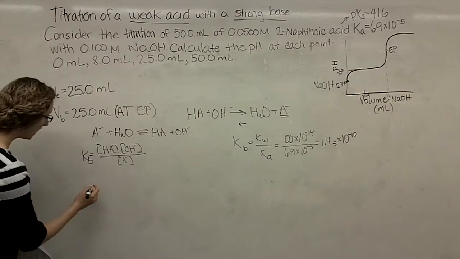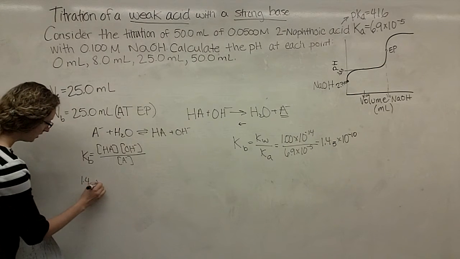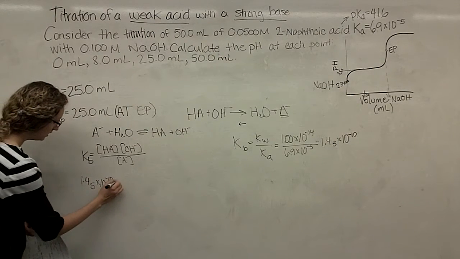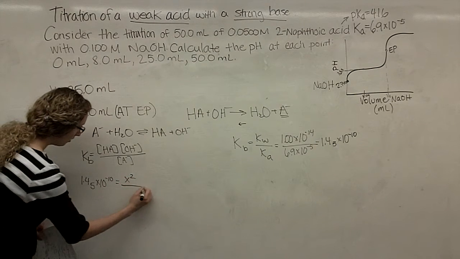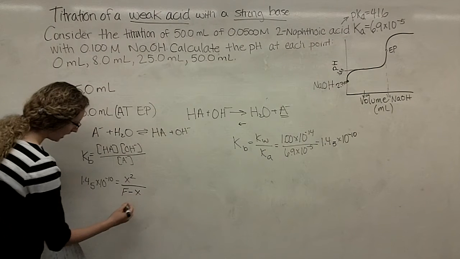So what we'll have is 1.45 times 10 to the minus 10 equals x squared over a concentration minus x.